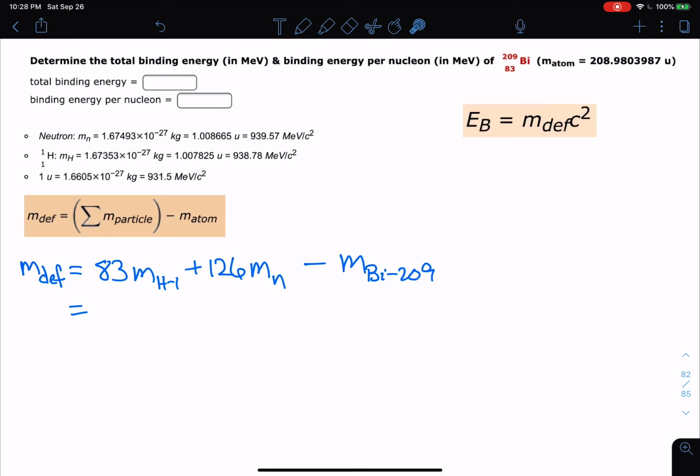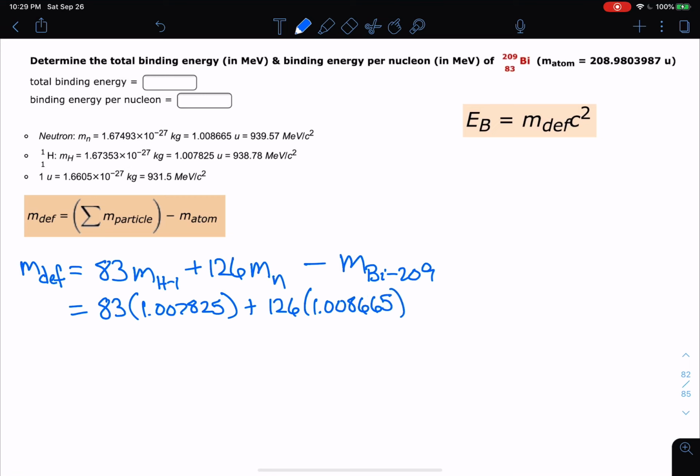So 83 times the mass of hydrogen 1 in atomic mass units, which is 1.007825, plus 126 times the mass of the neutron, 1.008665, minus the mass of bismuth, which is 208.9803987.